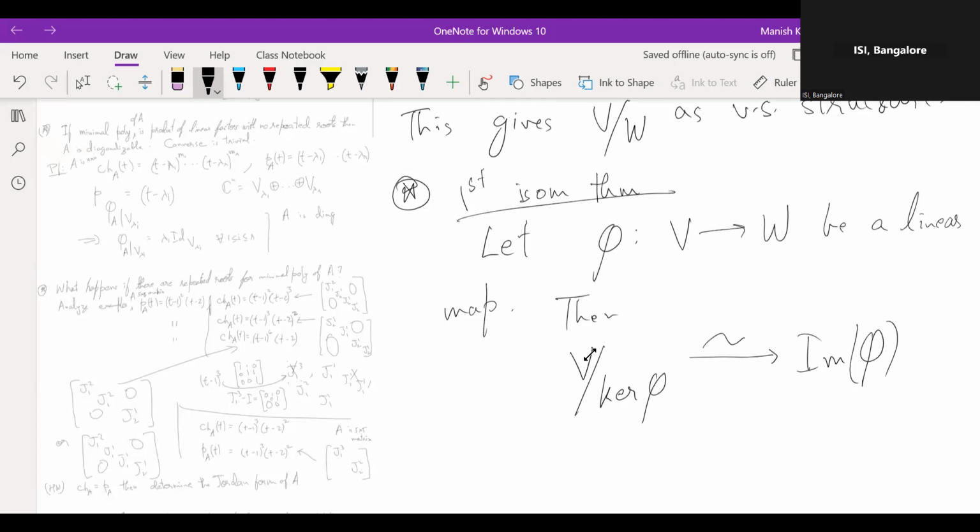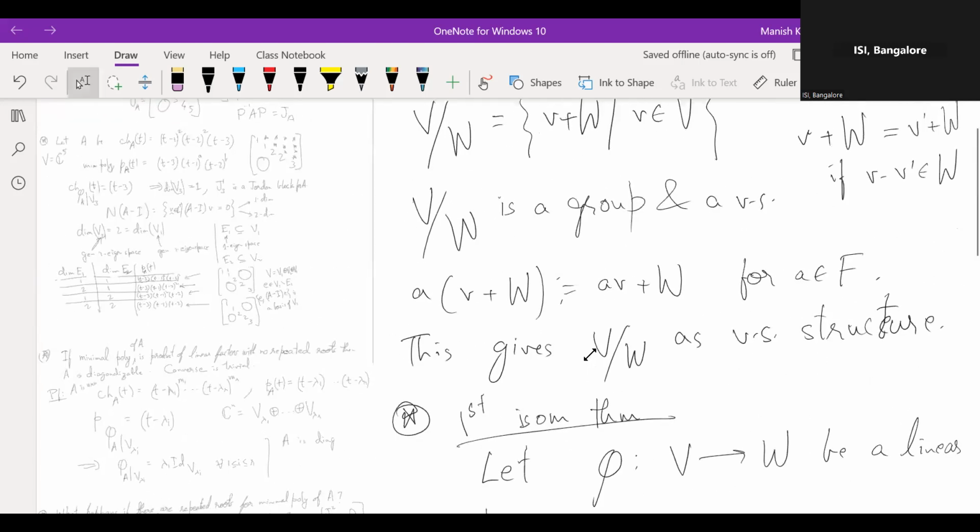Okay, so if I state it this way, then this is sort of trivial, because it's something which you have already seen: we know that the dimension of V is the same as the dimension of the kernel plus the dimension of the image. So this is something which we saw long back, right?